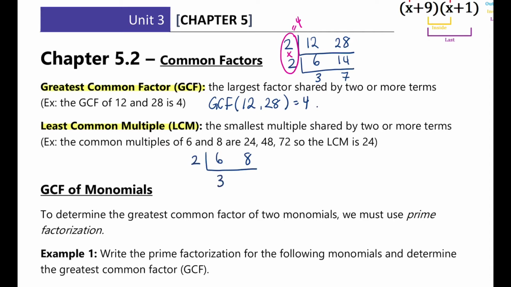So we have 3 on the first column and 4 on the second column. Now, we can just multiply these three terms. So we get 2 times 3 times 4, which is 6 times 4, 24. So LCM of 6 and 8 equals 24.